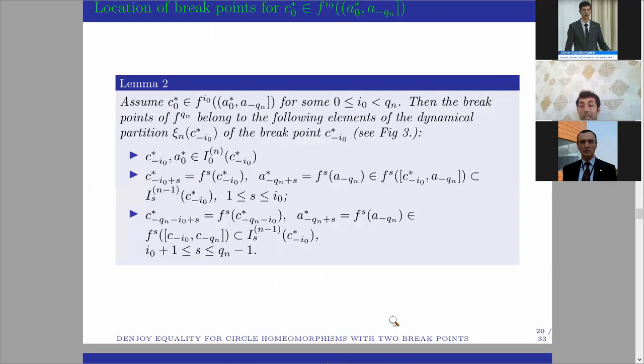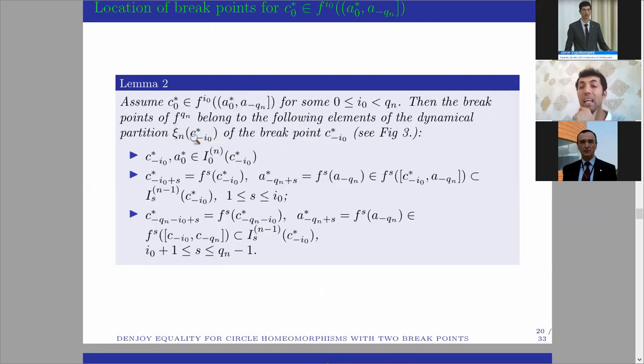Now let's consider case 2, where C0 belongs to this interval, and the breakpoints of fqn belong to the following elements of the partition Cn, C minus I0. I want you to pay attention here.